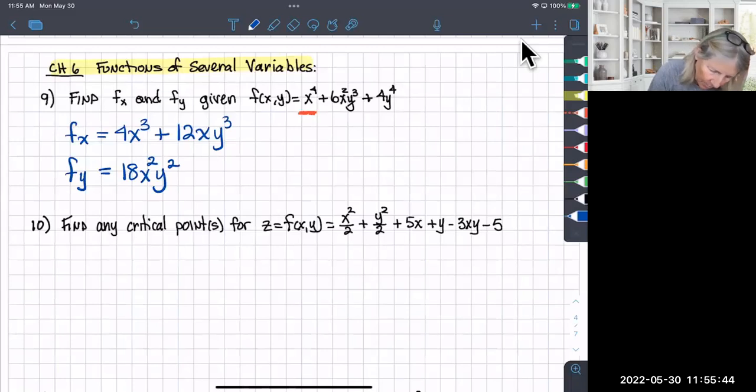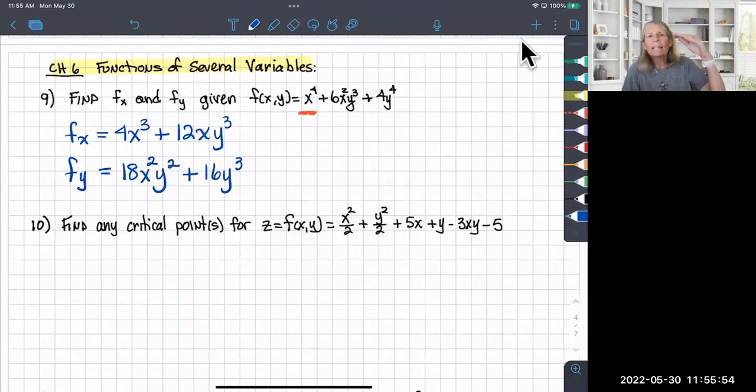And then that last term, power rule, 4 times 4, 16. y drops to the third power. Because remember, with derivatives, you bring the exponent to the front and multiply, and then you lower the power by 1. It's hard going back to derivatives when we've been doing antiderivatives for a while. Okay, so you just got to focus on keeping those things organized.